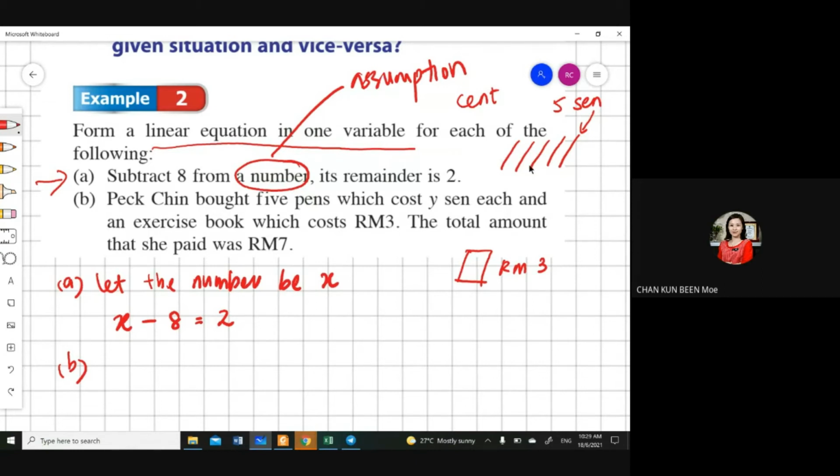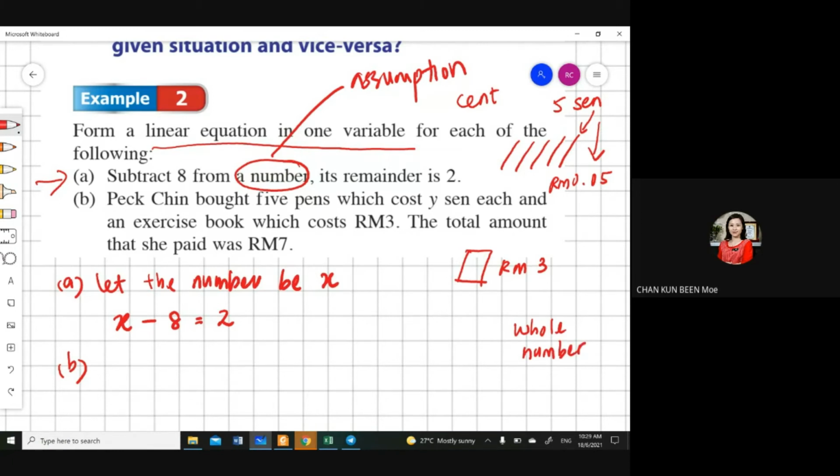Either you change the cent to RM or you change the RM to cent. But then you got to remember, if you change the cent to RM, it will be RM 0.05. So later on in our equation, you will have to simplify it again by changing it to a whole number. Remember, your equation must be always in whole number. That will be the simplest form.